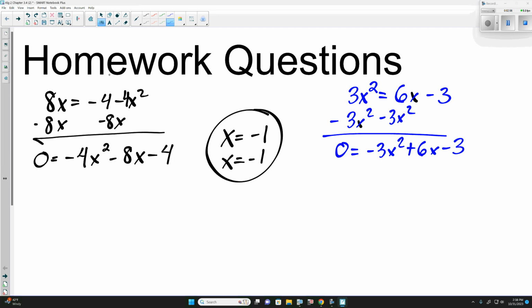Well, here, x is 1. Actually, x is 1 both times. Questions on this here?